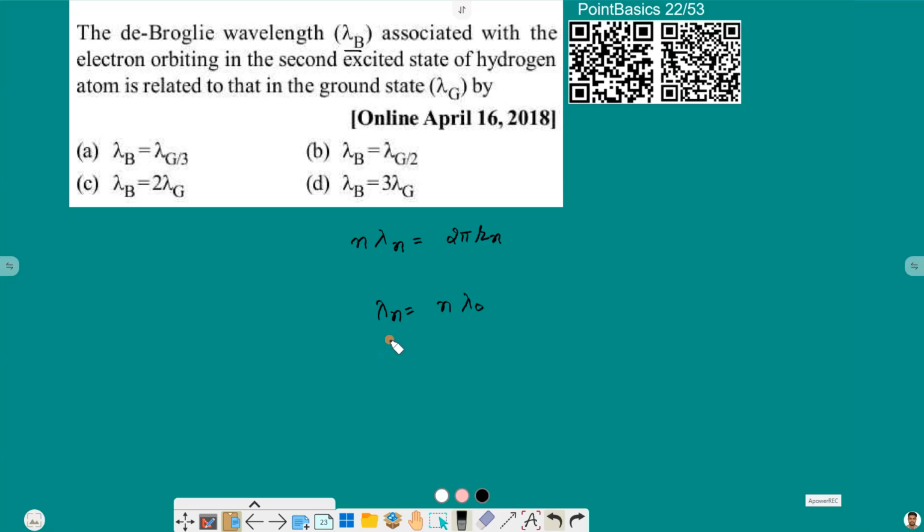So here in the second excited state, n is 3, so lambda 3 will be equal to 3 times lambda naught.